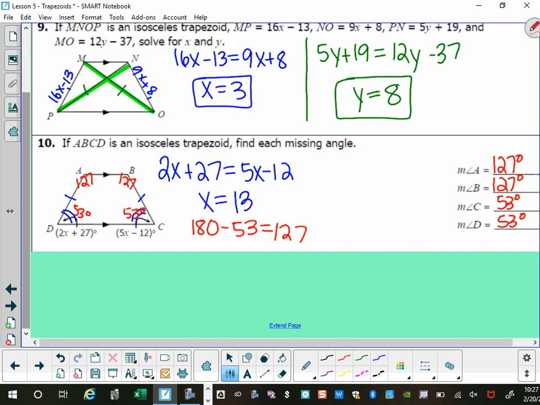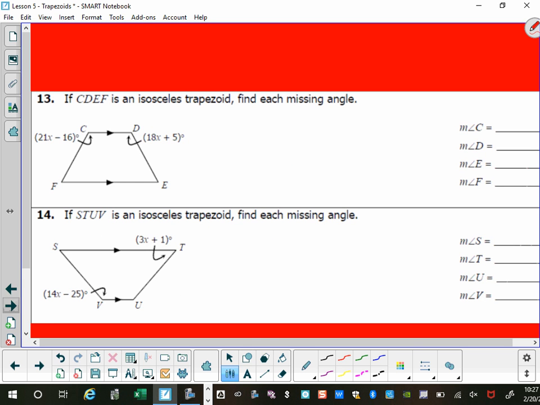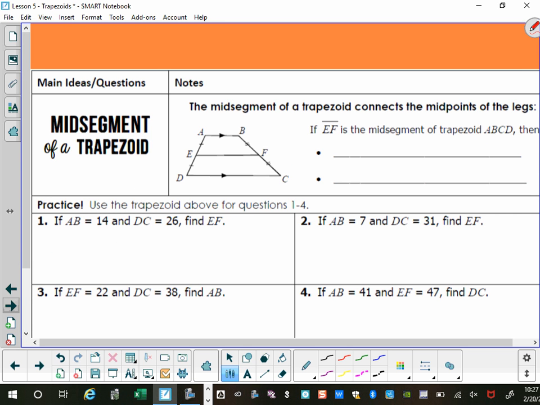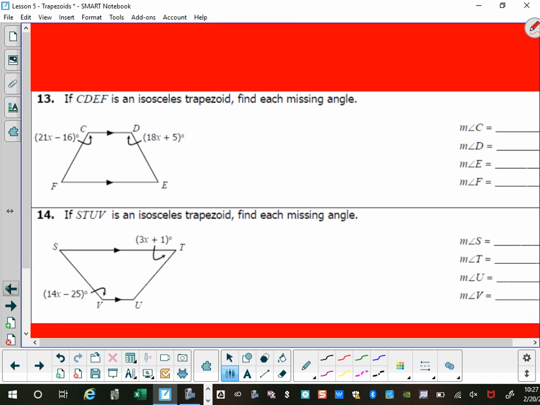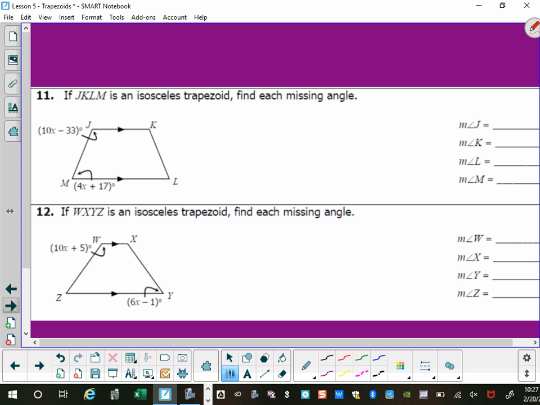All right, so do we understand the basics of trapezoids? Okay, so now we're going to finish the rest of this later as practice. Let's go on. Actually, let's spend about 5 minutes doing 11 through 14.